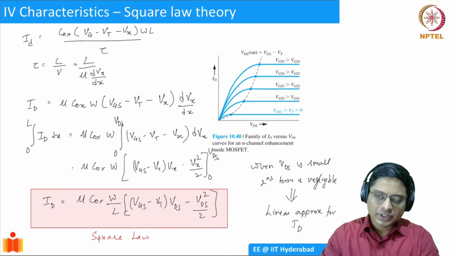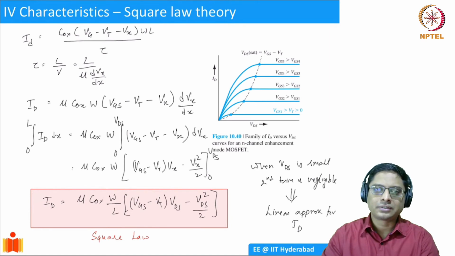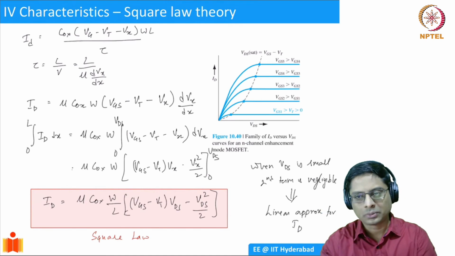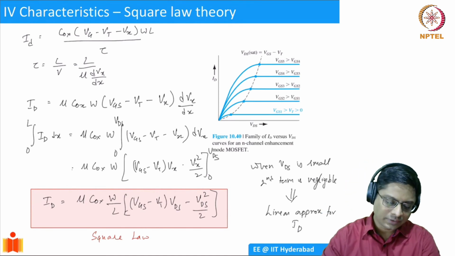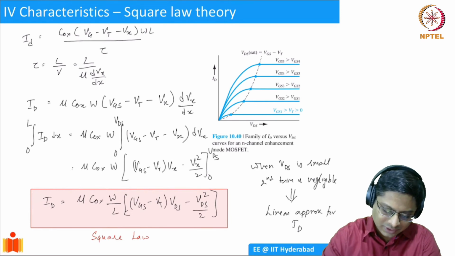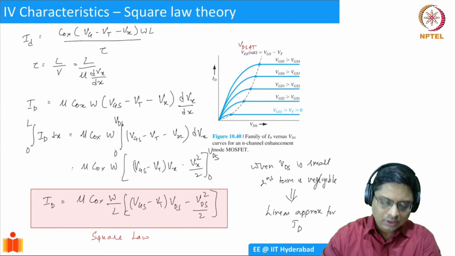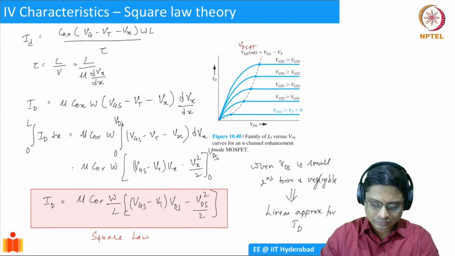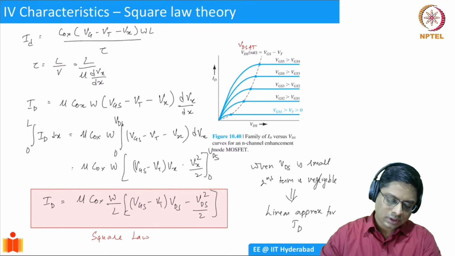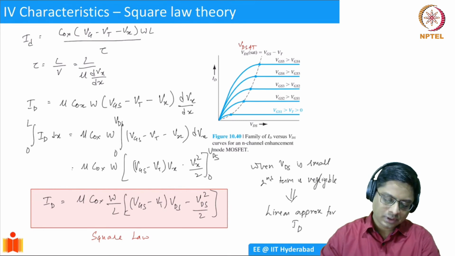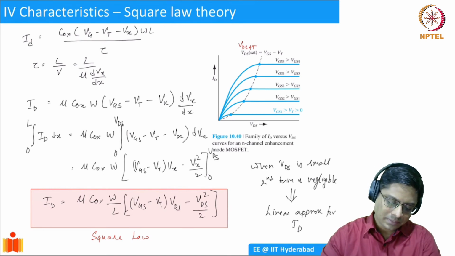What happens as you increase VDS? As we increase VDS, we said that we get to a saturation point. In the figure from the textbook, it is defined as VDS sat, which is VGS minus VT, or sometimes we also refer to it as VD sat, the saturation voltage. So you have two regimes. One is the linear regime.